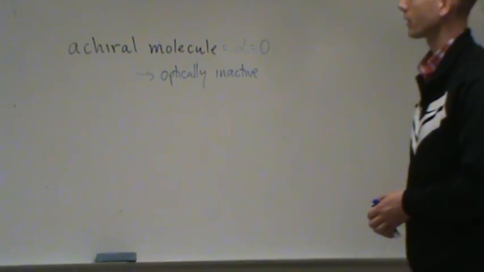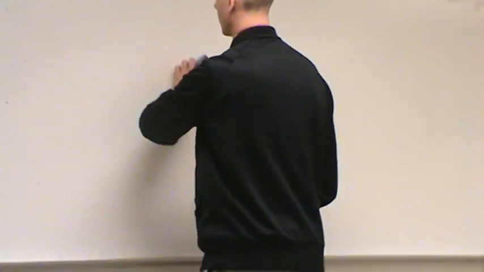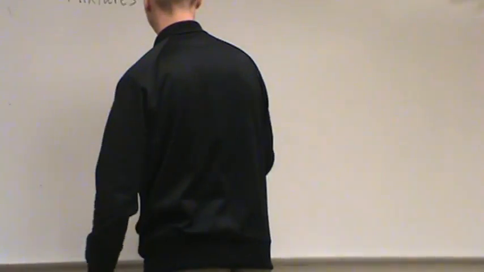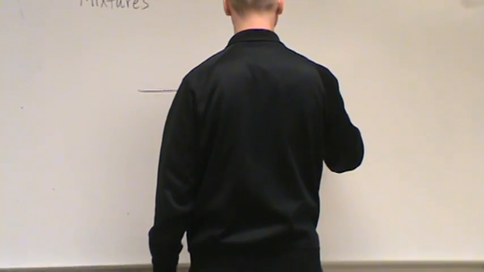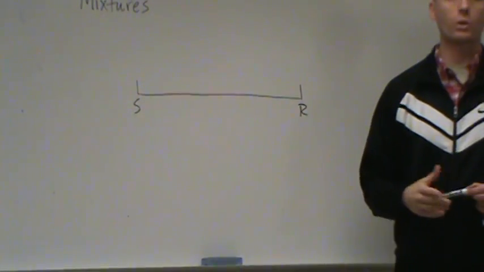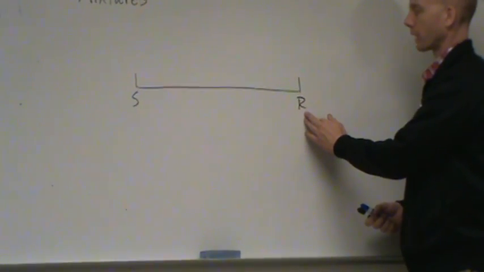Let's look at one other thing about optical activity, and that's the thing of mixtures. Let's look at some mixtures here. And let's suppose we had a molecule that could be either R or S. So here's the R enantiomer, whatever it is.